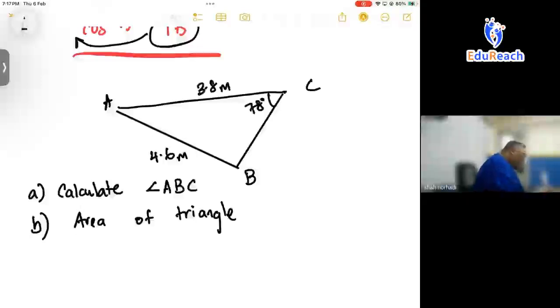But we know that PQR is flat ground. The value of Q from Q is 125. The value of R from P is 25.